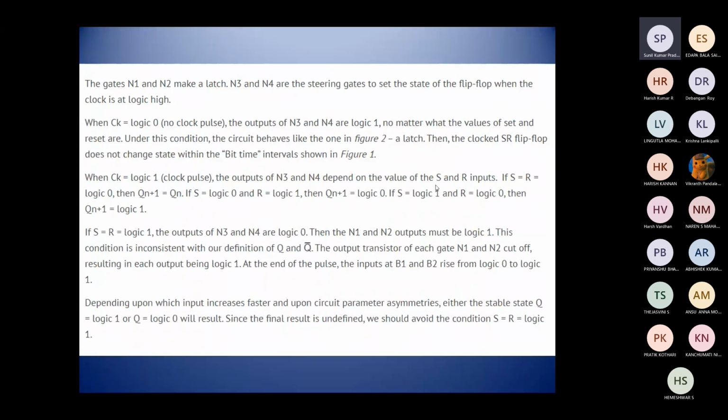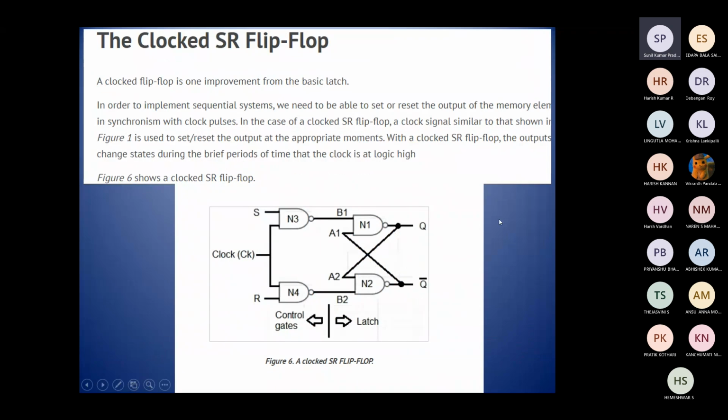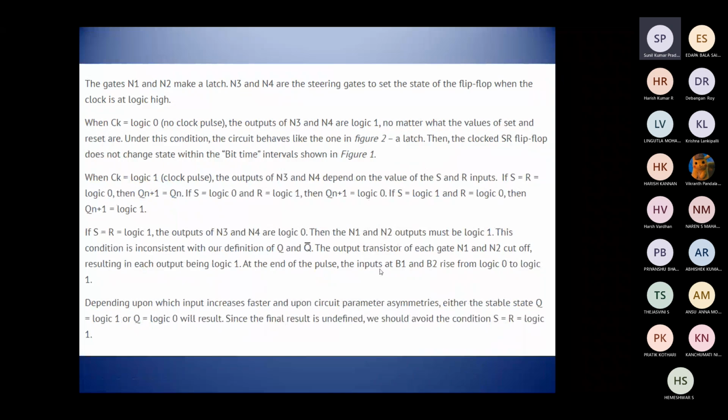Now, looking at its working, the gates N1 and N2 make a latch, and N3 and N4 are the steering gates that set the state of the flip flop when the clock is at logic high.